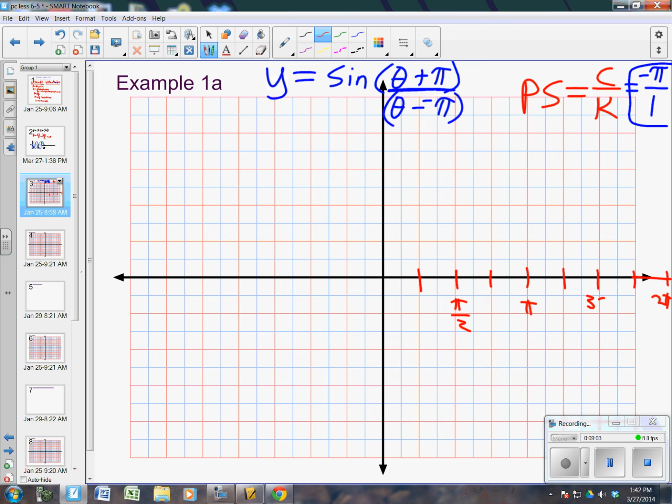This is 3 pi halves. And we can mark it in the other direction. So we have negative pi right here. Negative pi here, and negative 2 pi right over here, right? So this would be negative pi halves. This would be negative 3 pi halves.